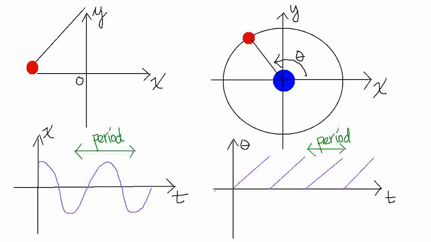So those are some examples of periods. Now, another thing that we need to define is what's called amplitude. For the x of t graph for the pendulum, notice that the x values have a maximum positive and a maximum negative value. We can define the maximum deviation from the center.